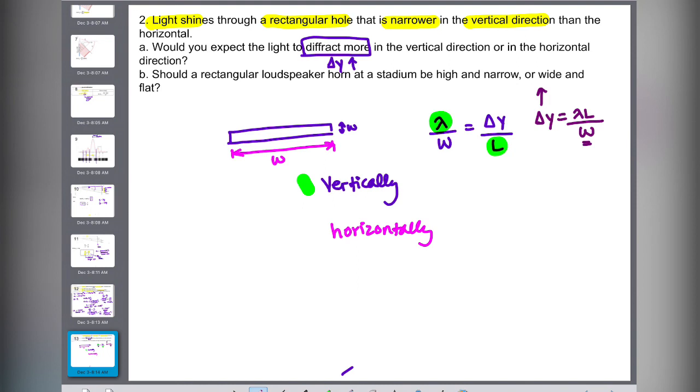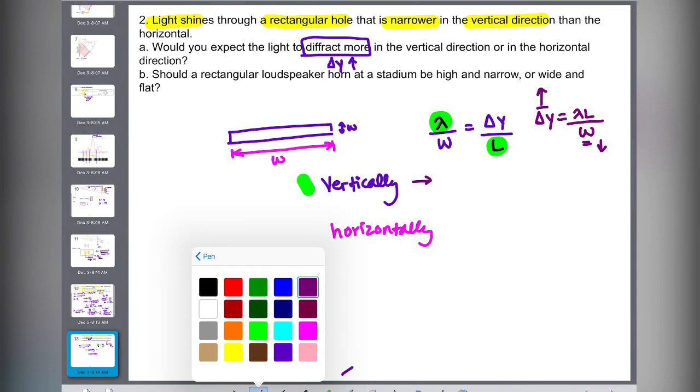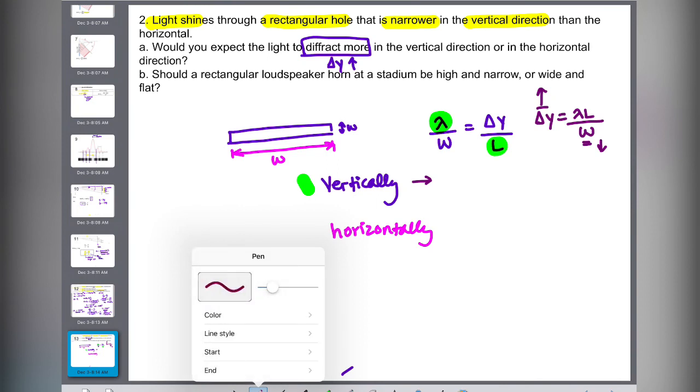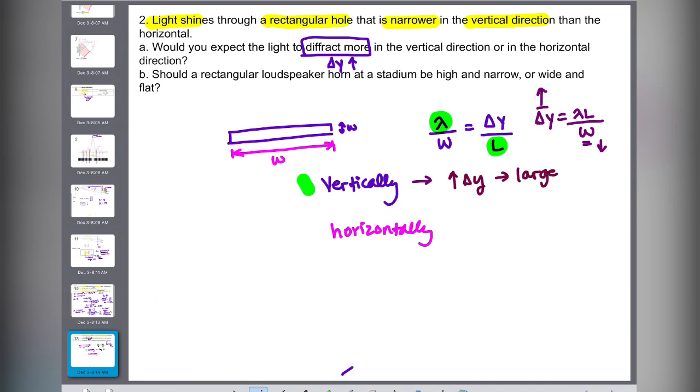Do you see how the smaller the w, the larger the y is, because I'm dividing by a smaller number? So vertically, which is the smaller number, will give you a higher delta y, meaning larger diffraction.